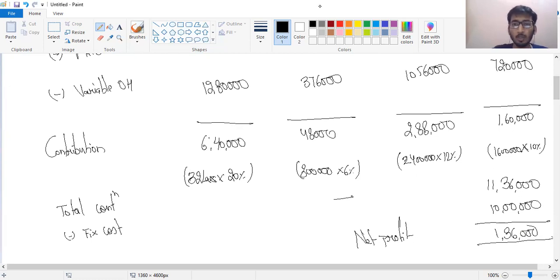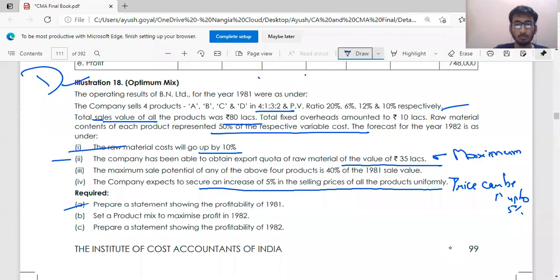Okay, now come to the second. What is the B part? In B part, it is asking to set a product mix to maximize the profit in 1982. So basically, we are asked to set a product mix so that the profit can be maximized. Now, how will we do that? We know one data that the raw material is available in limited quantity.